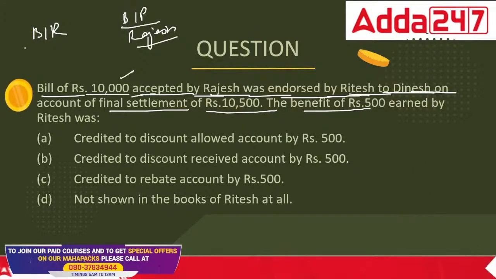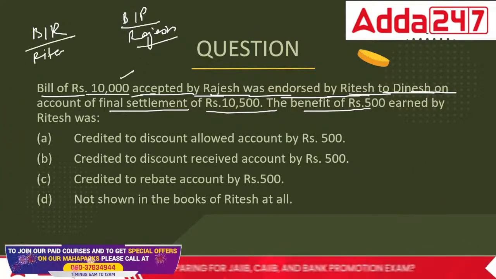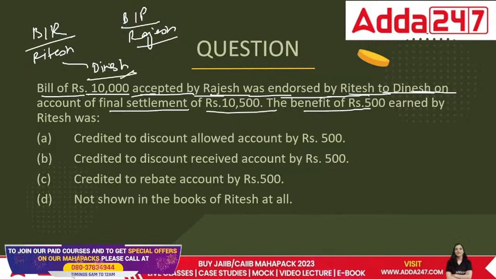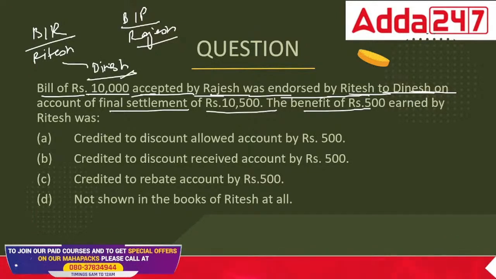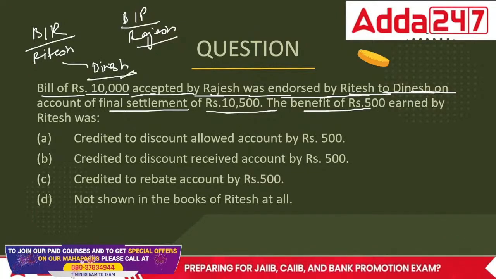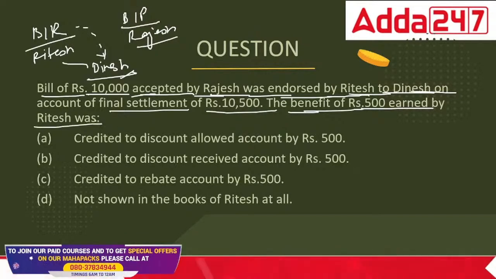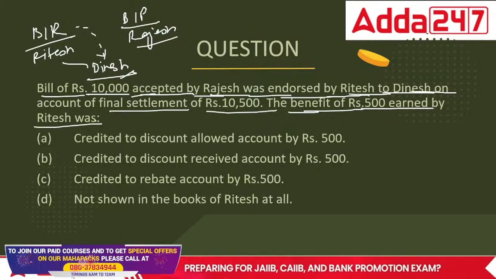Endorsed by Ritesh, this was the person who has drawn the bill, and this has been given to Dinesh, one of his creditors. He says, I cannot pay you money, just take away my bills receivable. So in this case what is the benefit that Ritesh is earning? The benefit was of rupees 500.